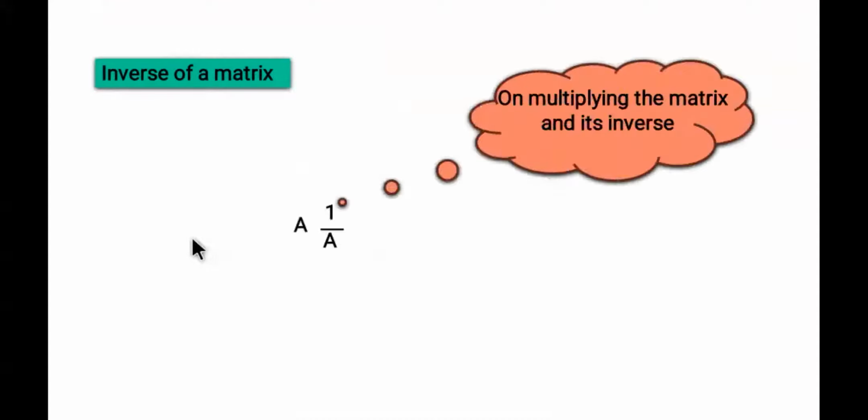Now the definition of inverse of a matrix. A into 1 by A, which I explained right now. On multiplying the matrix and its inverse, we get an identity matrix.